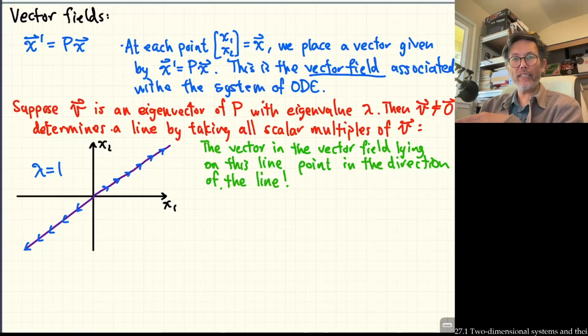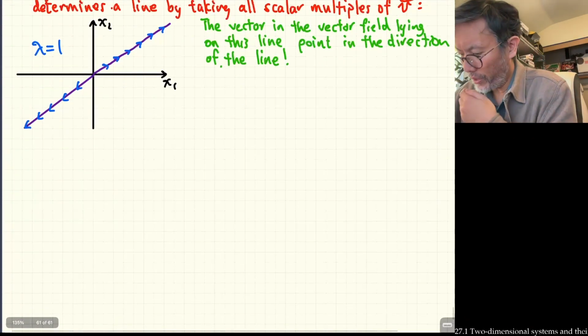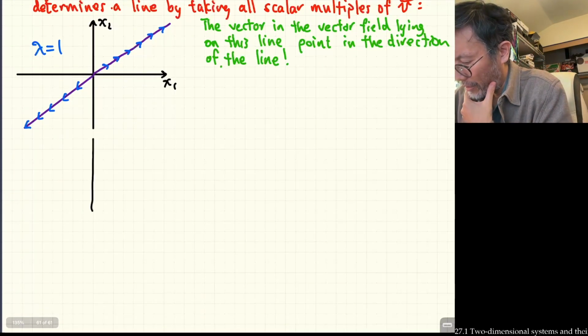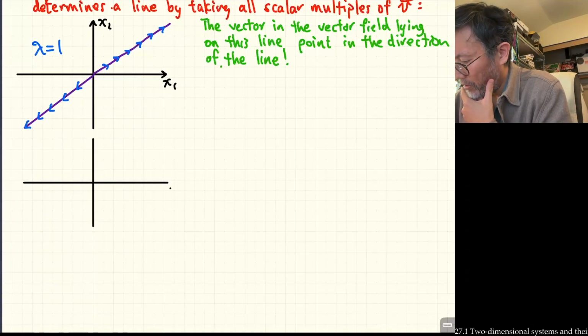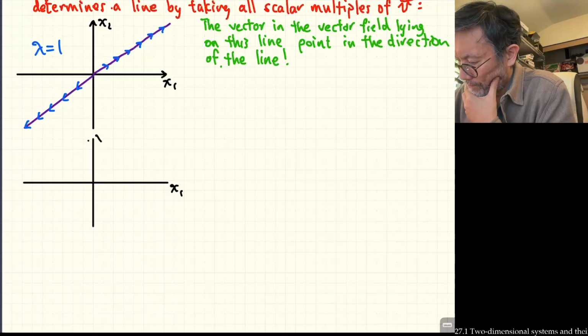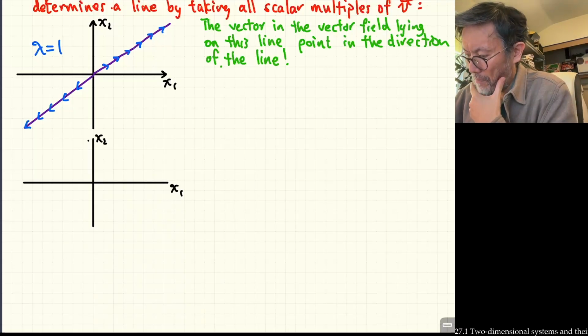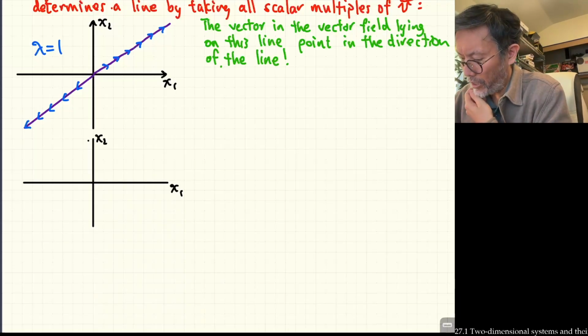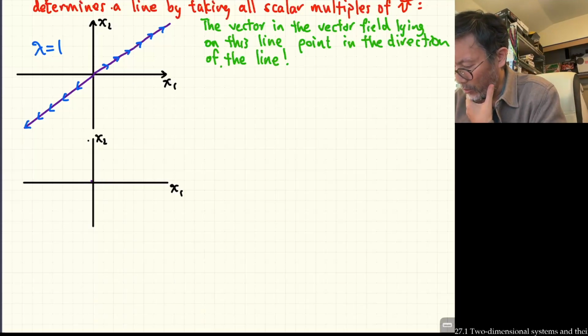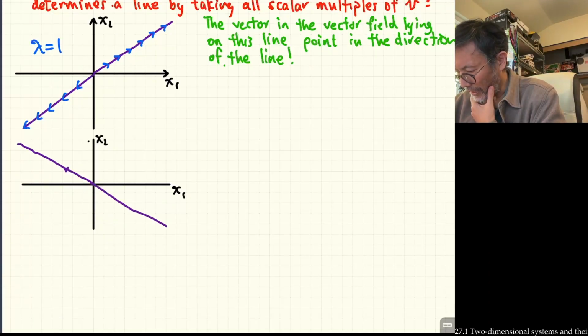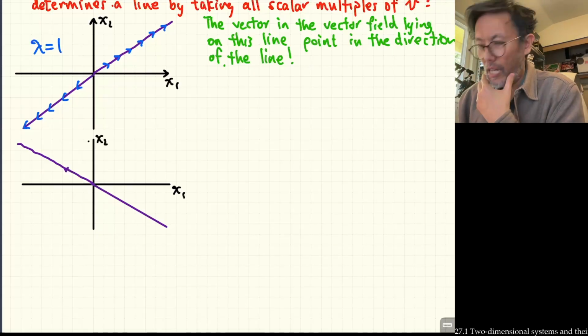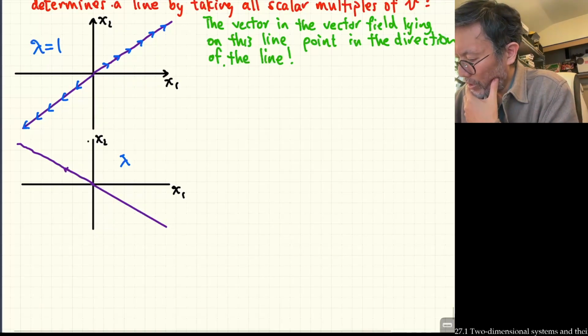Let me contrast that with the situation if lambda was negative. So let's say that we have another x1, x2 plane. And let's say the vector was something like this, in purple. And of course, scalar multiples of this vector determine a line, something like that. And now let's suppose in this case, lambda was negative 1.